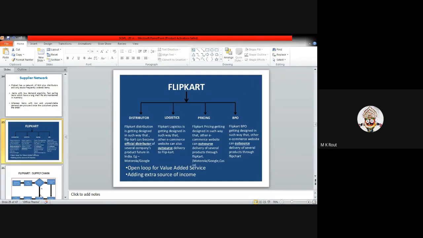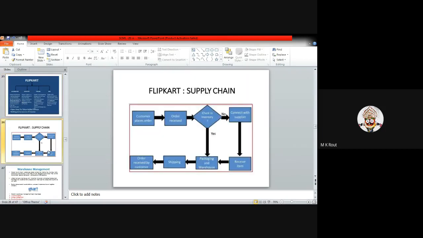Moving to the next part, the simple supply chain of Flipkart. First, whenever you place an order, it is received by the customer help desk. If the item is in inventory, it is directly ready for packaging in the warehouse, then goes to shipping, and the order is received by the customer.